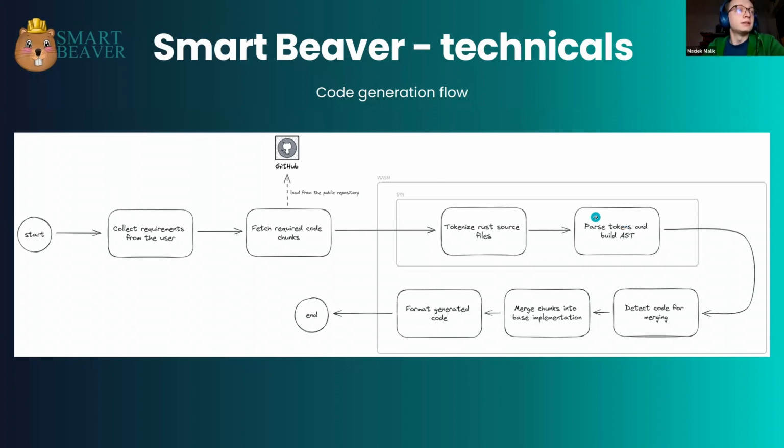Then we fetch that code from GitHub, and I will show it to you in a second. After we download all the chunks, we try to merge them together to give you the output that was shown to you seconds ago.